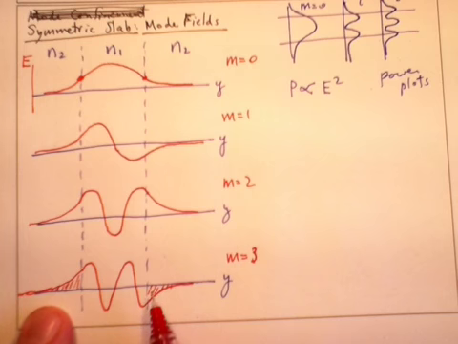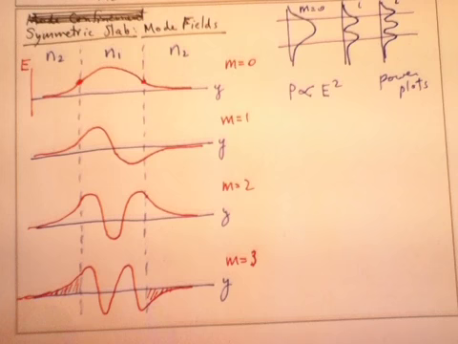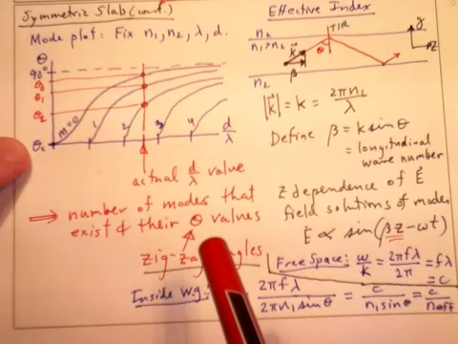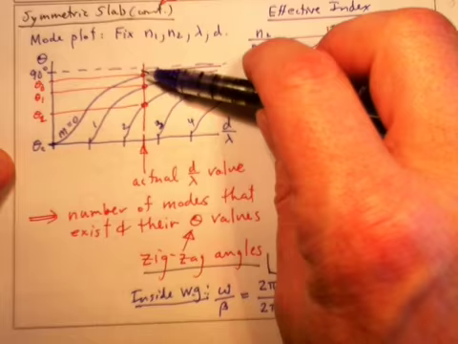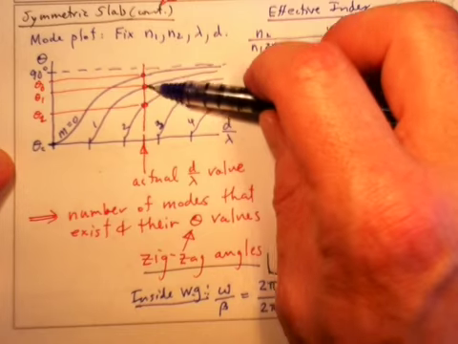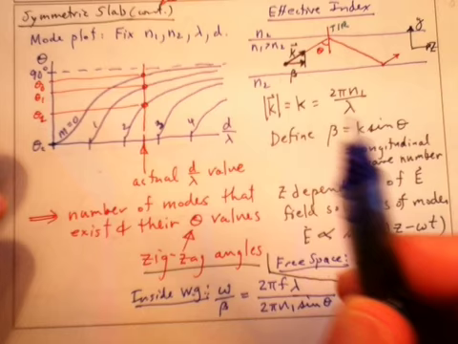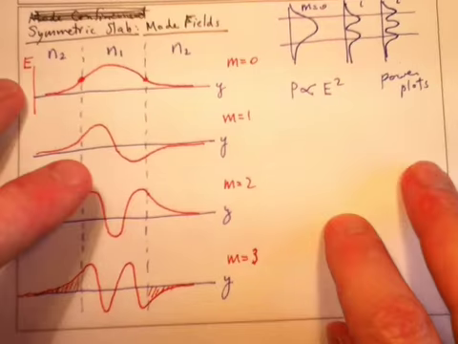Okay? Again, back to this diagram. We can see that higher order modes have a smaller zigzag angle. Higher order modes also have, therefore, the smaller effective index.